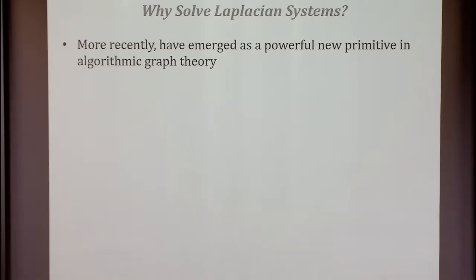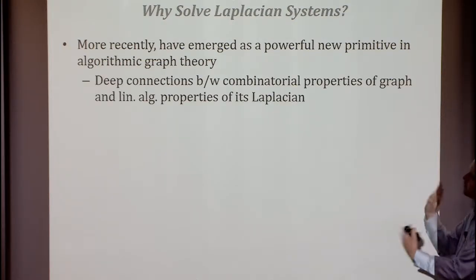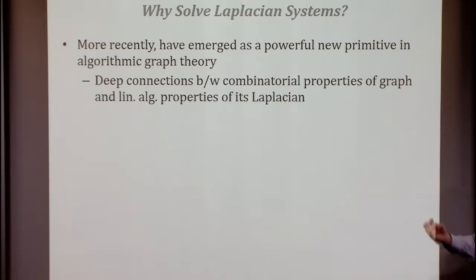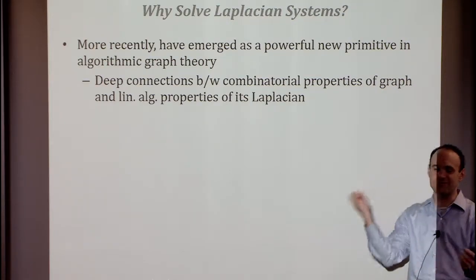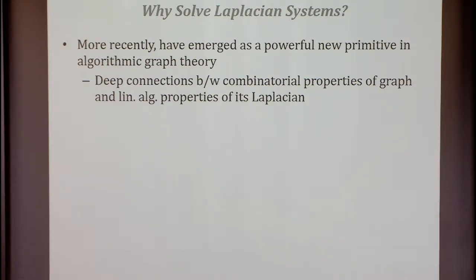The other one, the one that is more up my alley, is that they've emerged as a very powerful new primitive in algorithmic graph theory. And I'm really not going to talk about their use as a primitive, but other people here have or will. What's happened is that the asserted convergence at the start of this lecture, the assertion that you can use tools from one to speed up the other, has actually gone both ways.